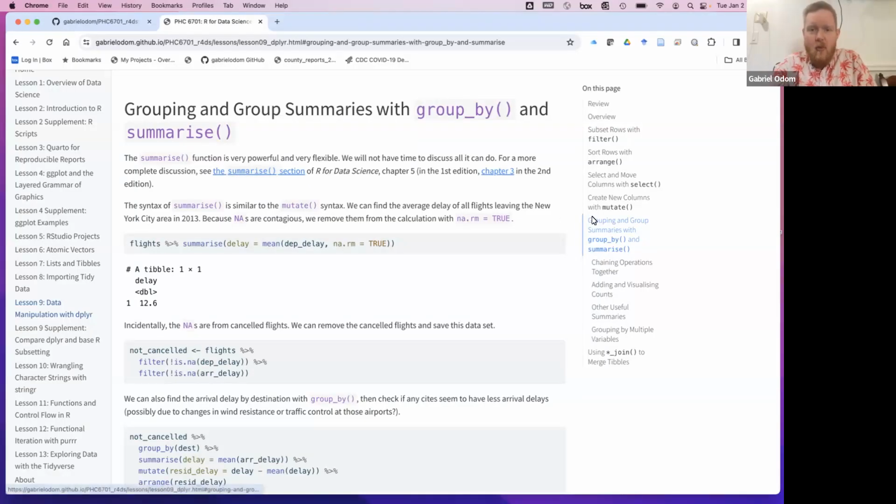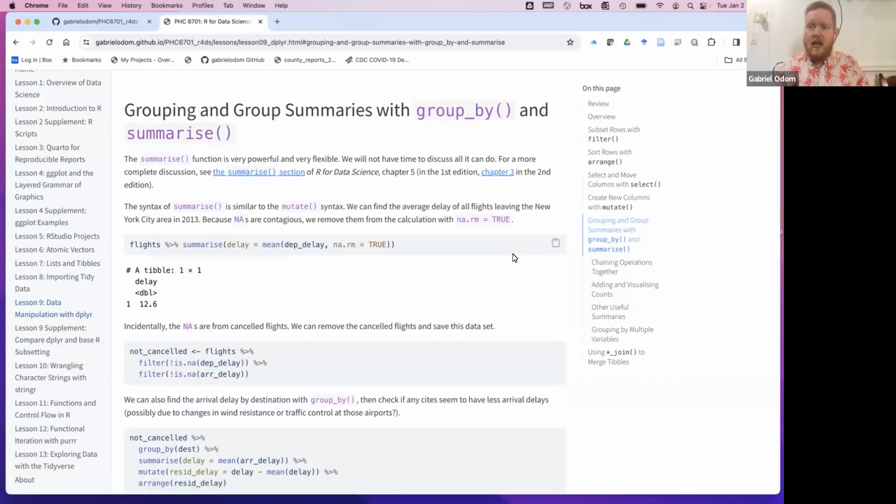So last time we talked about the mutate command, which allows us to create new columns, because a lot of times we want to do some feature engineering. We didn't have access to the miles per hour for the flight, so how fast was the flight going? But we had distance and we had the time elapsed of the flight, so we could engineer it.